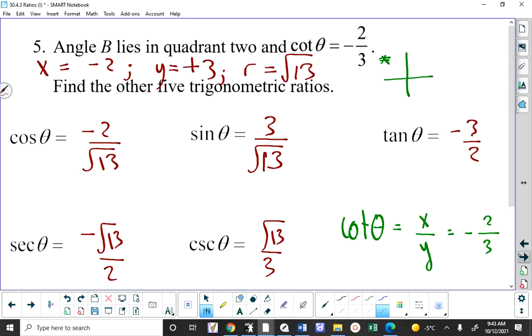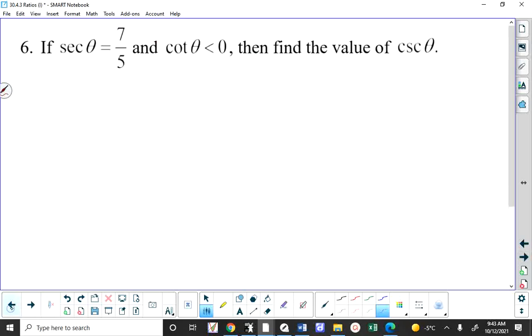The level of the work that you do on paper is so minimal because you're just using these 6 trigonometric ratio definitions. But you do have to think carefully about the quadrants. One final example. Secant of theta is 7 over 5. Cotangent of theta is negative. What's cosecant of theta?